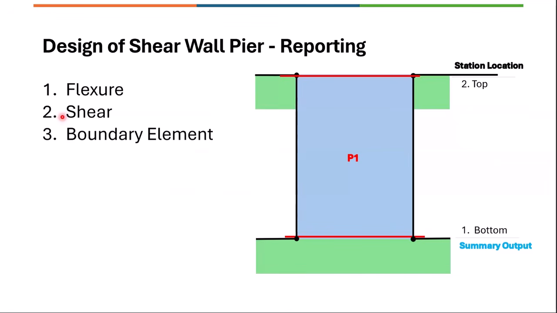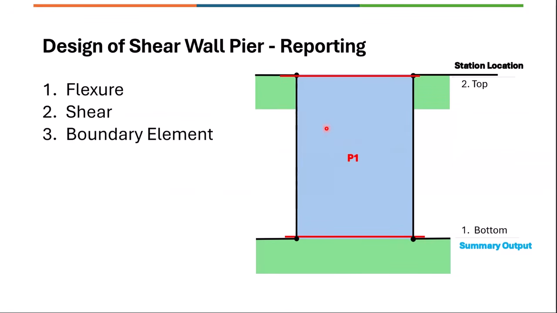Then the reporting will be at two locations, bottom and the top, for a pier label. Typically, the labeling is important. The labeling is done one label per story, like this.